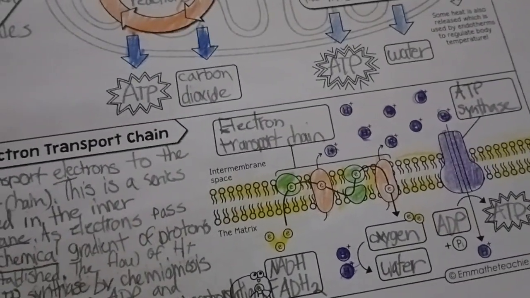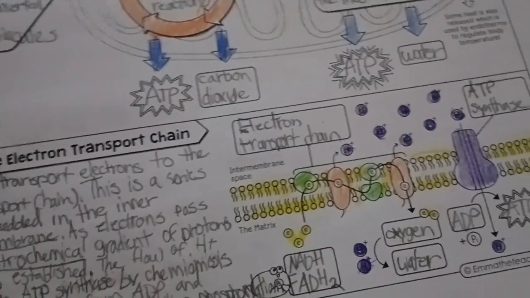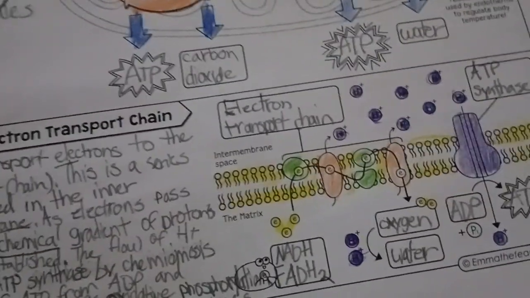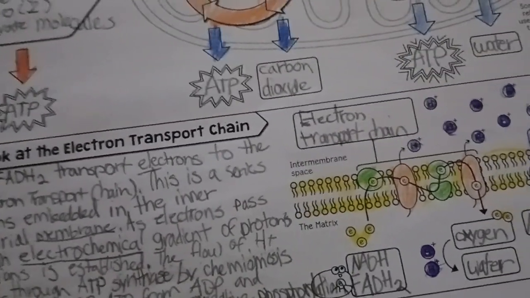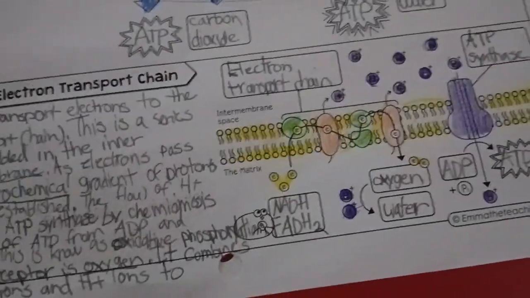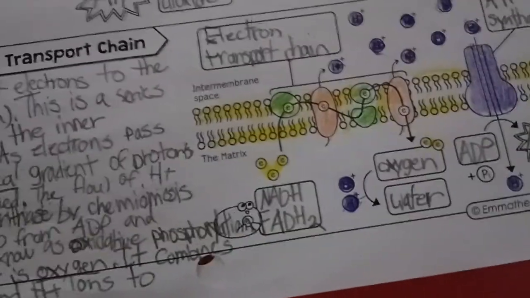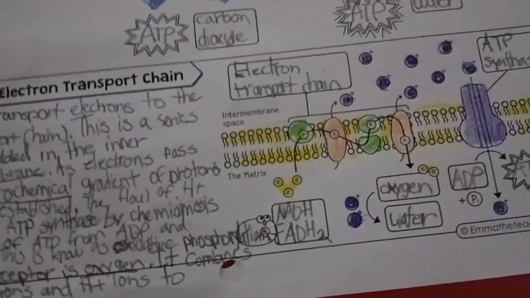Electrons travel through this area right here, going through photosystem 1 and 2, and that's where the hydrogen ions would go, and that's how ATP is produced.